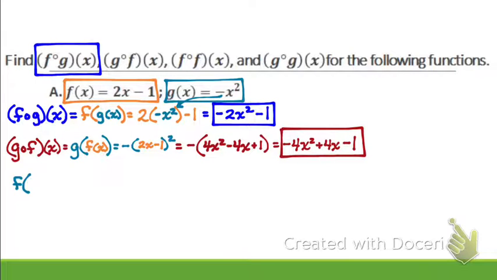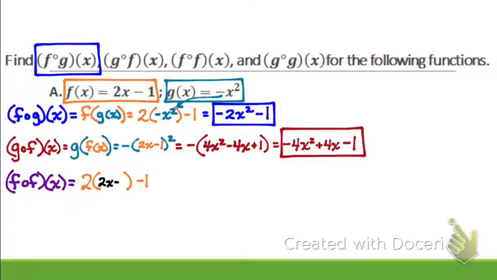f of f of x. Hold on. So I have my function f of x on the outside, 2 times, and then we make our substitution, minus 1.